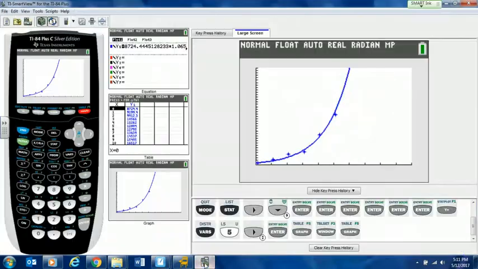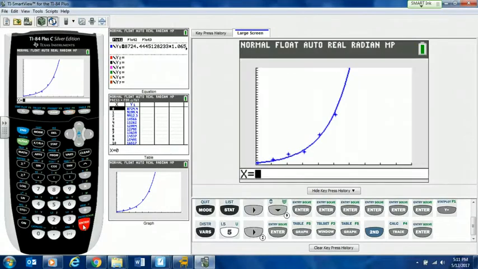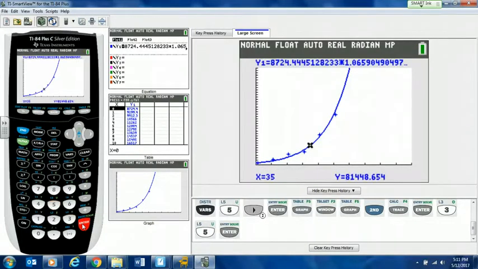So what we do on the calculator is we press second function and trace, and it brings you to the screen, and we're going to go to value, which is 1. Okay, so you'll see that x equals, and then it's blinking there, and what we're going to do is put in our x value, which is 35, and then just hit enter.